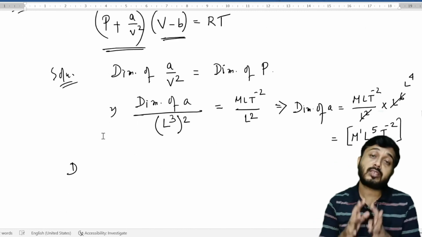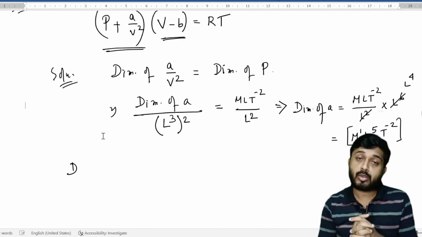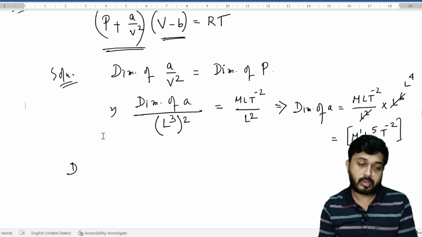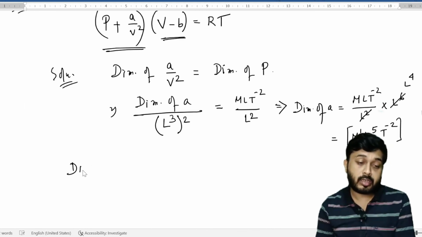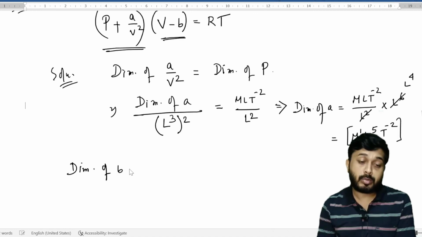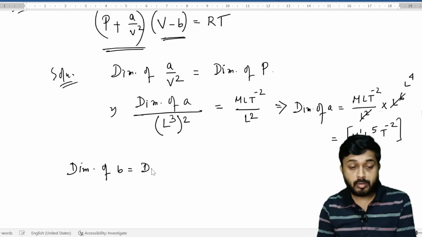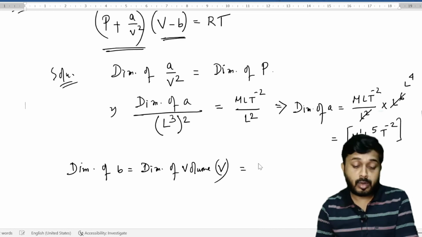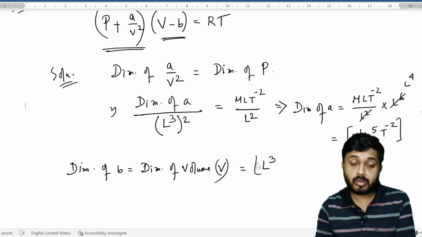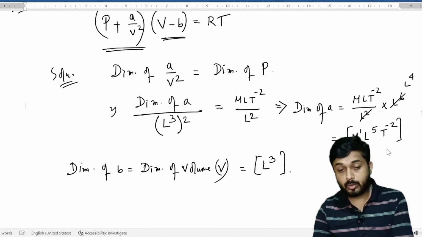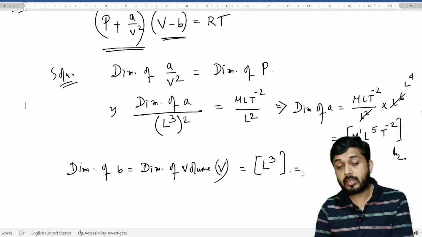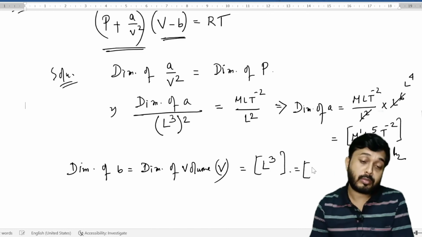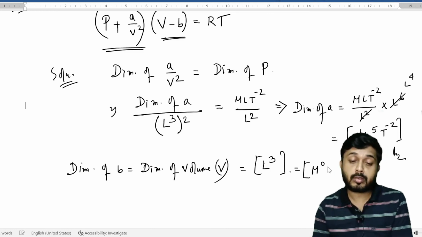So clearly we can write that the dimensions of B equal the dimensions of V, that is volume, and the dimensions of volume is nothing but L cube. So these two are the answers. L cube we can also write as M to the power 0, L to the power 3, and T to the power 0.